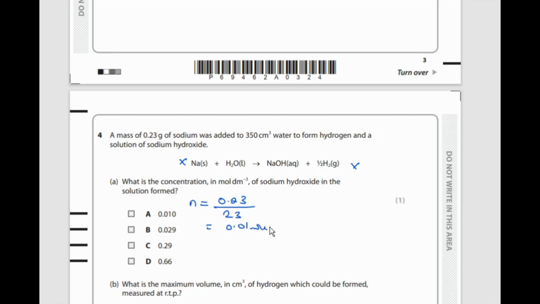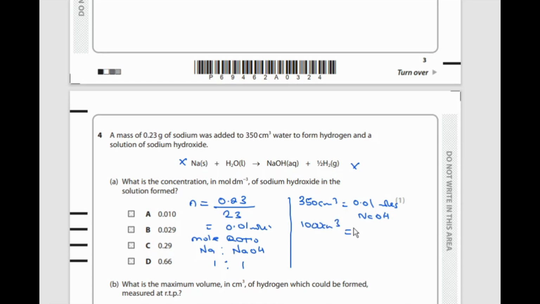0.01 moles. Now using mole ratio, sodium and sodium hydroxide, the mole ratio is 1:1. That means the number of moles of sodium hydroxide formed will be 0.01. Now, from there, let's find out if 350 cubic centimeters has 0.01 moles of sodium hydroxide, then what about 1,000 cubic centimeters?